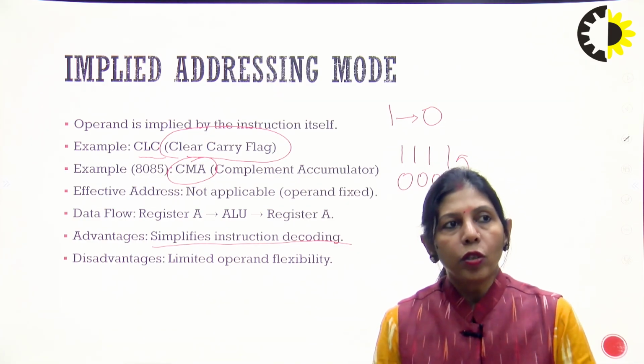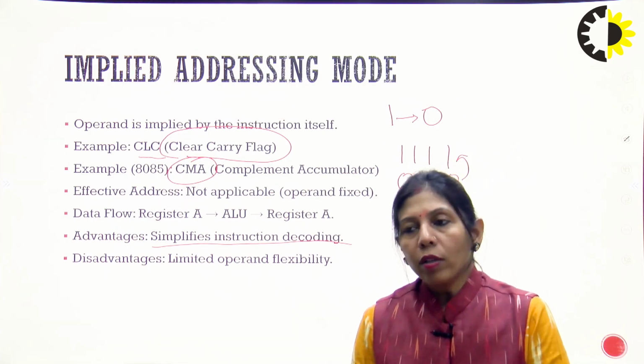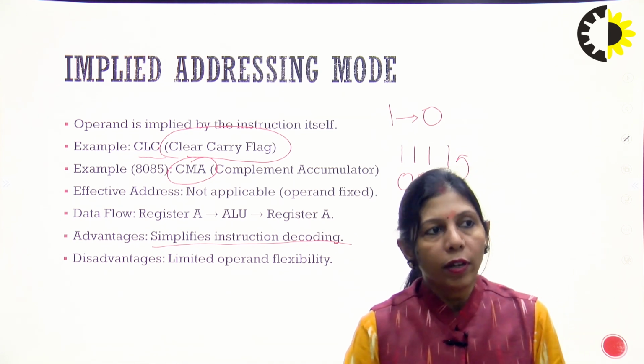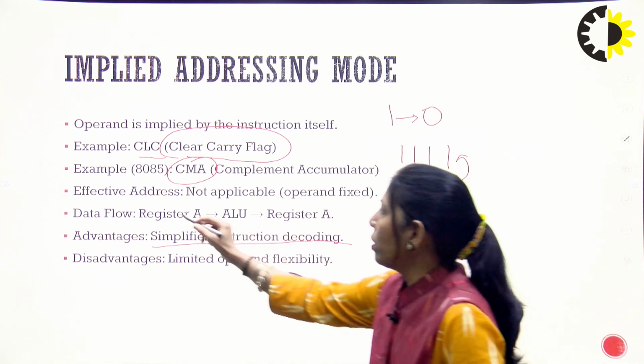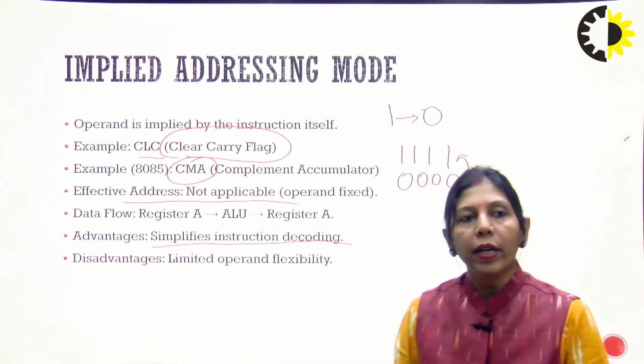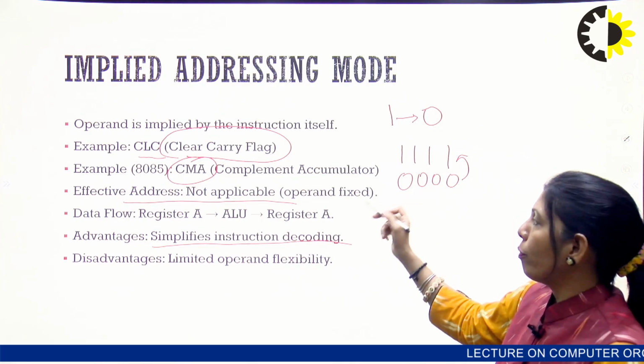The instruction implicitly tells what it needs to do and how to proceed further. That means it doesn't require any effective address because the operand is fixed beforehand.